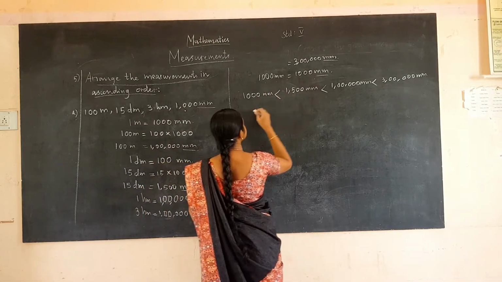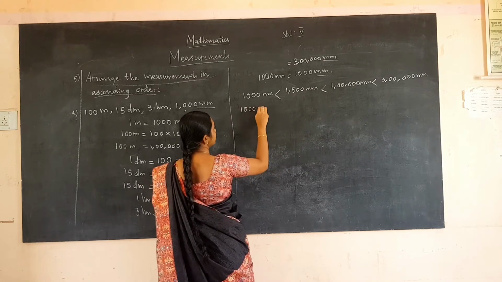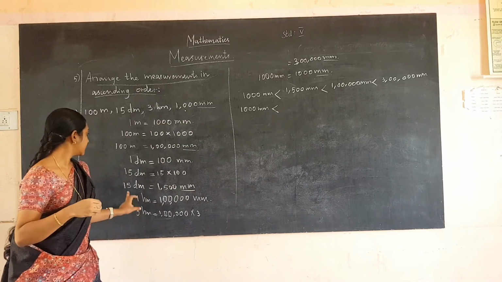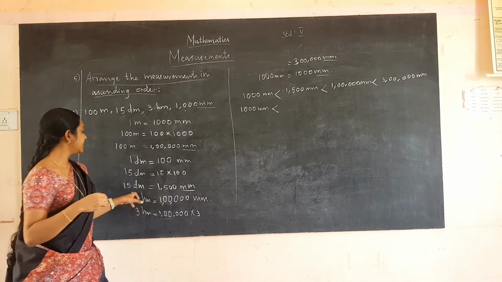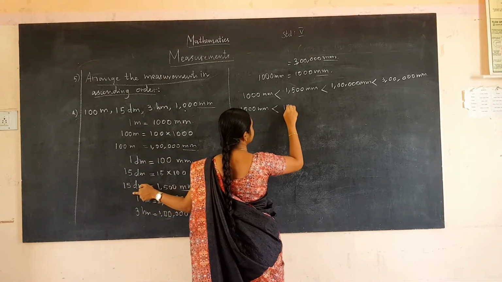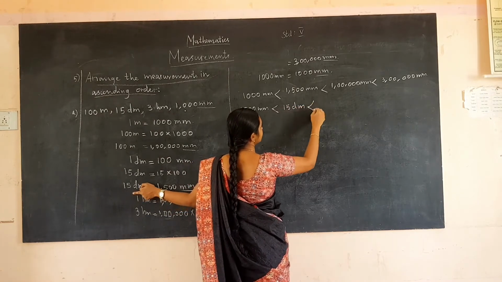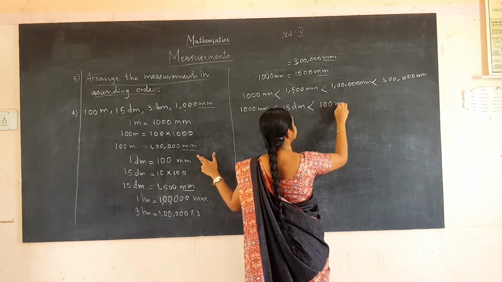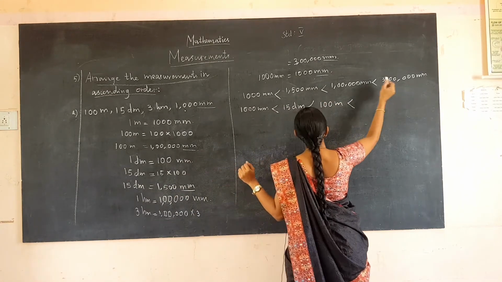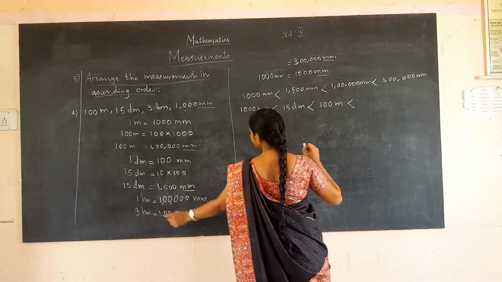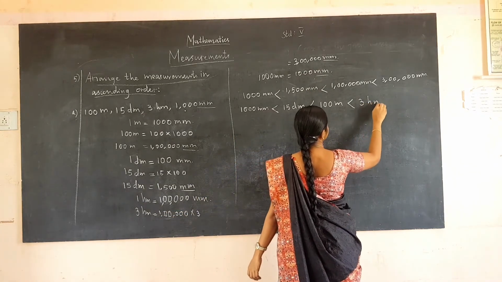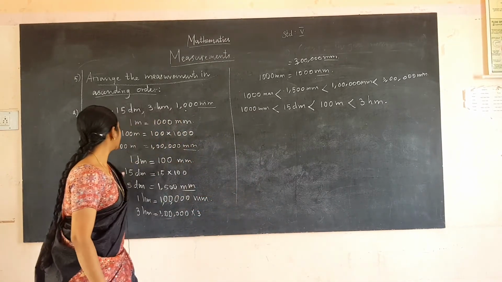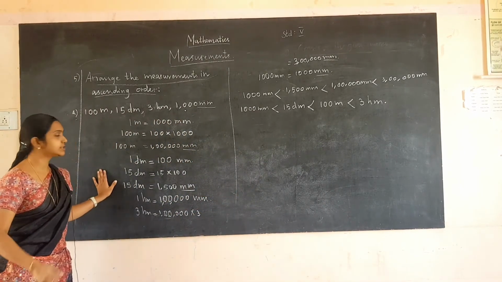Thousand millimeter means it is 1000 millimeter only. It is given in the question itself. Next, 1500 millimeter means it is 15 decimeter. Next, 1 lakh millimeter means it is 100 meter. Next, 3 lakhs millimeter means it is 3 hectometer. So this is the answer. First, convert all the given units into a single unit.